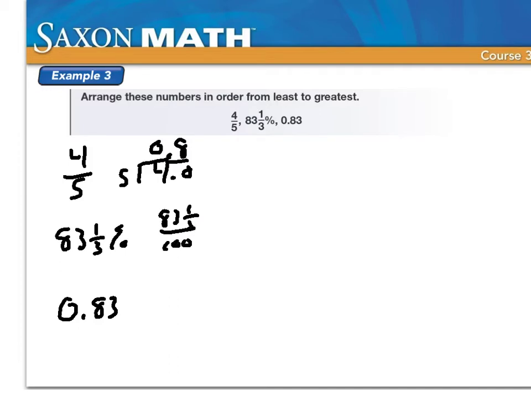So we're going to take 83 and 1/3 and divide it by 100, which is the same as multiplying by the reciprocal. Well, 83 times 3, that's 249, plus 1 is 250 over 3 times 1 over 100, multiplied by the reciprocal.